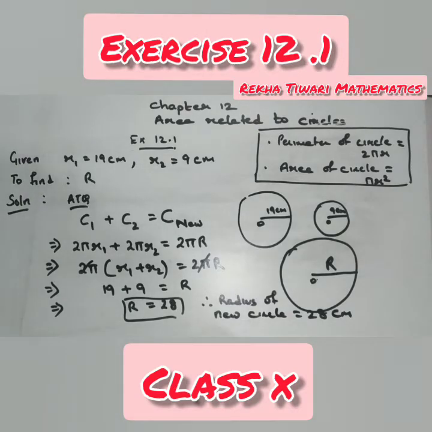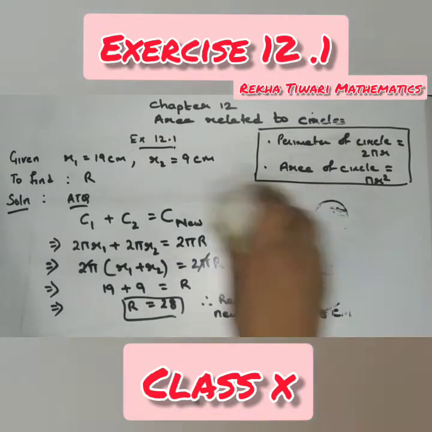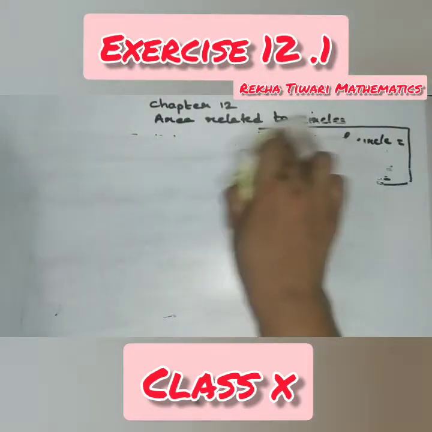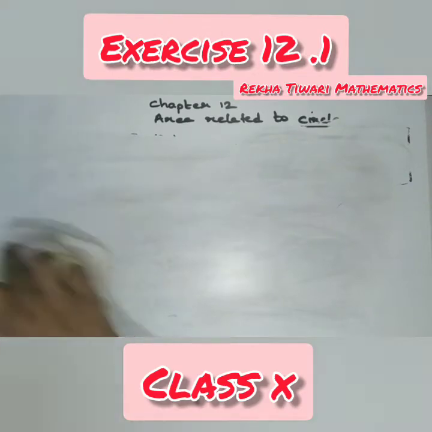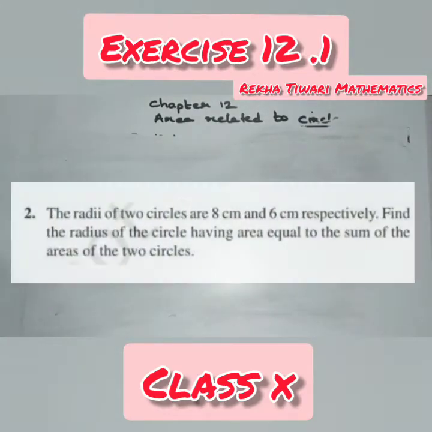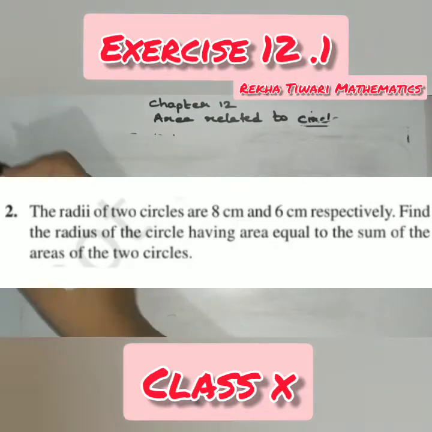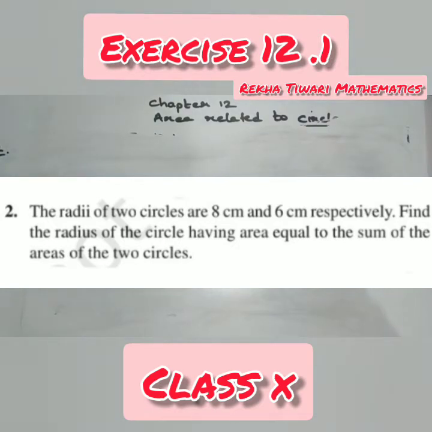Move to question number 2, very similar to first one. Question number 2 states that the radii of two circles are 8 centimeter and 6 centimeter. Find the radius of the circle having area equal to the sum of the areas of two circles.